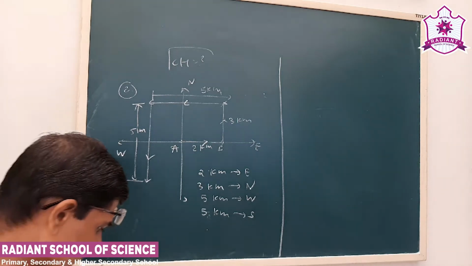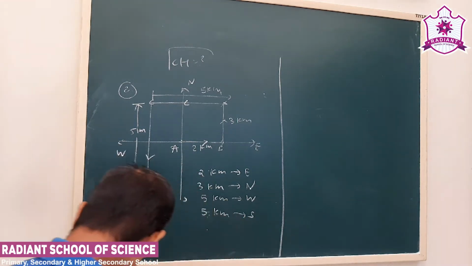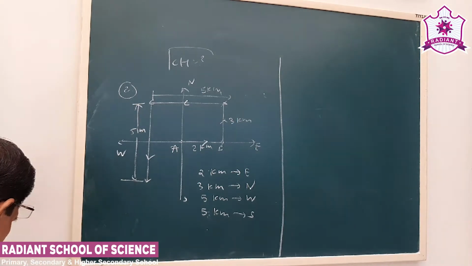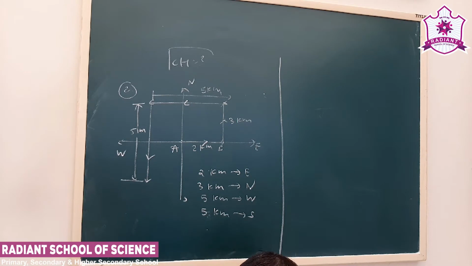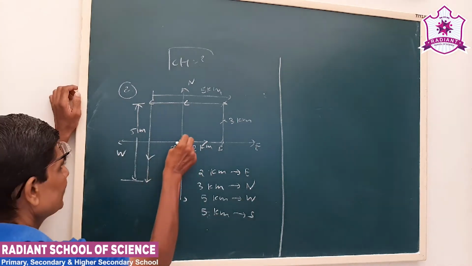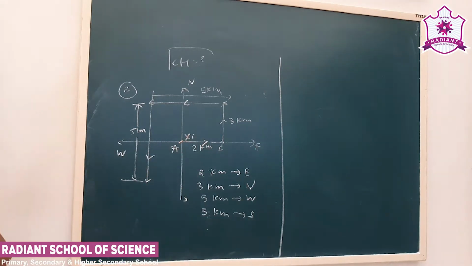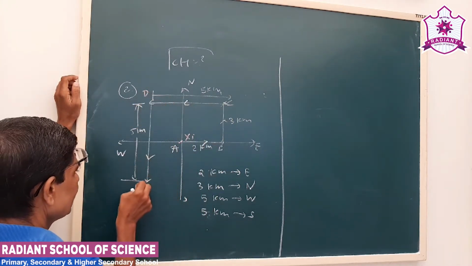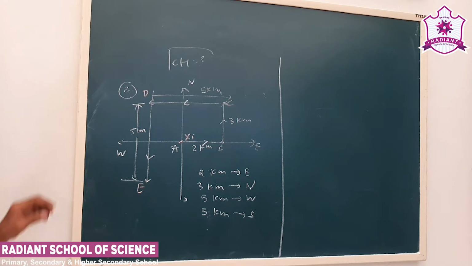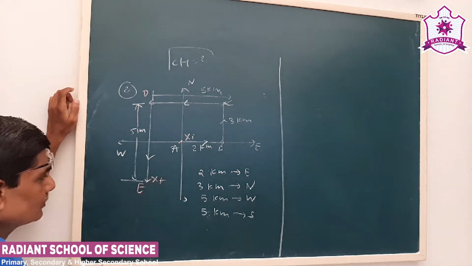What is the displacement? Now see, we have discussed that displacement is the shortest distance between two points. Let us say A, B, C, D and E. A is our initial point and E is our final position.